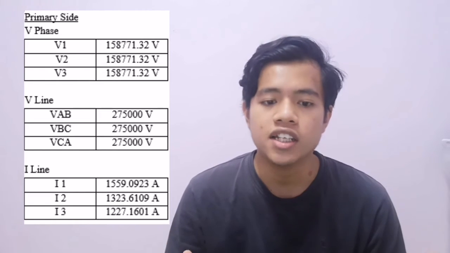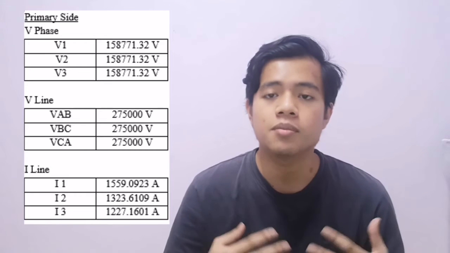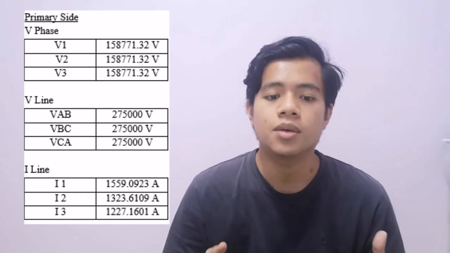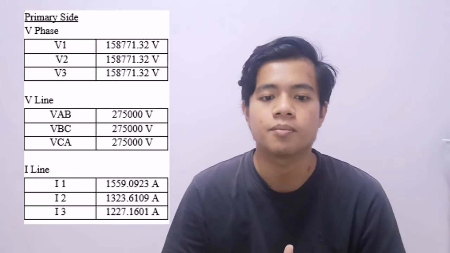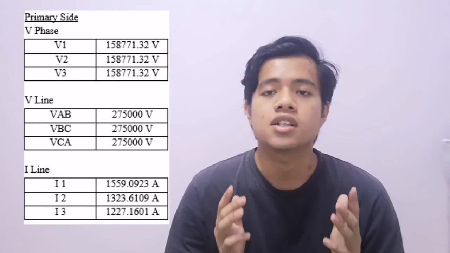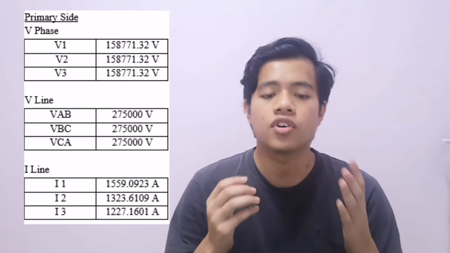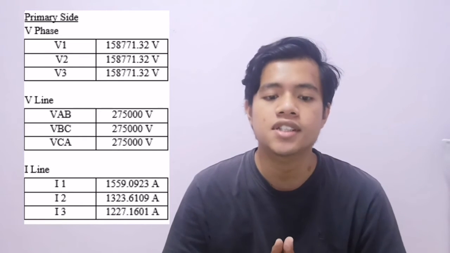For the V line it also comes up with the same result. The labels are VAB, VBC and VCA in capital letters. The result is 275,000 volt.